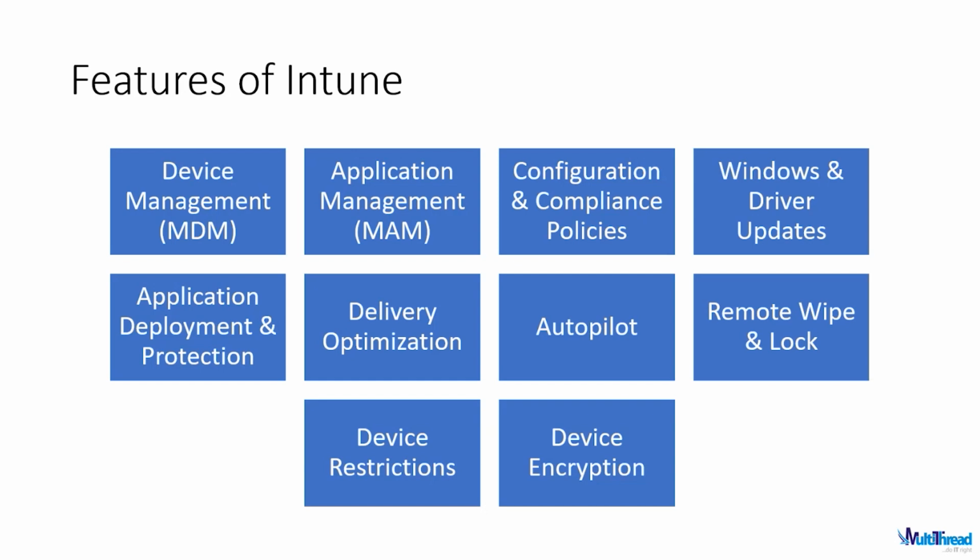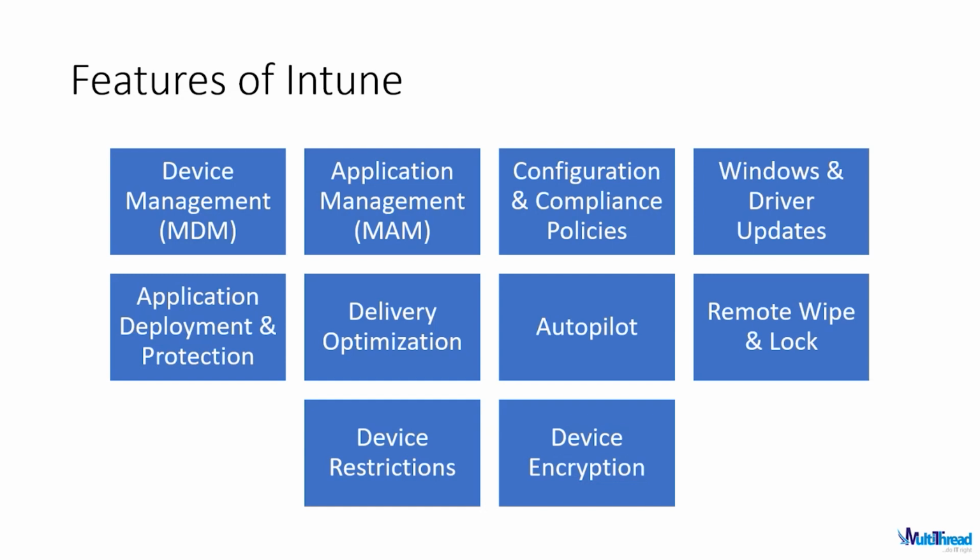Then we have device restrictions. We restrict devices because there are certain functionalities of devices that can pose a security risk for your organization. So, for example, in an organization, there can be an IT policy that says there's a ban on the use of removable drives, so you do not slot pen drives into company devices.